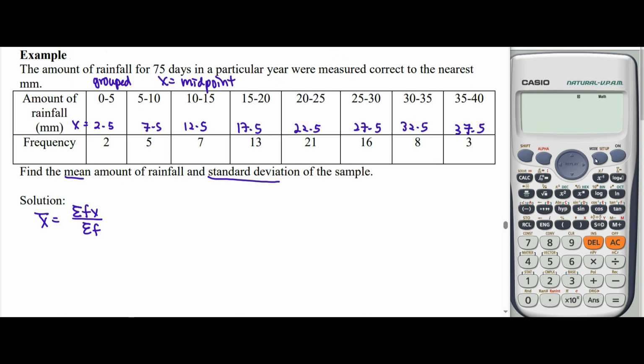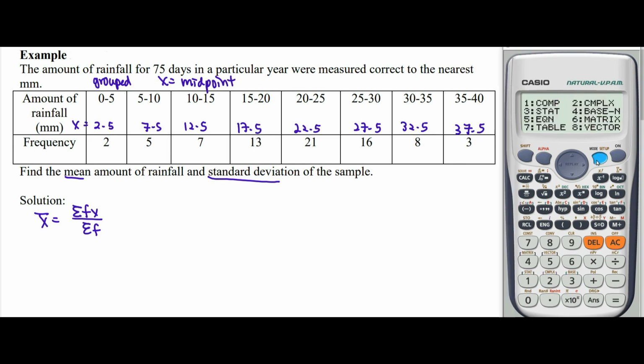So we're going to use our calculator to help us calculate more easily. So put your statistic in one data, one variable. Key in our x here, which represents our midpoint for group data. And then you can see our group data here having a frequency column.